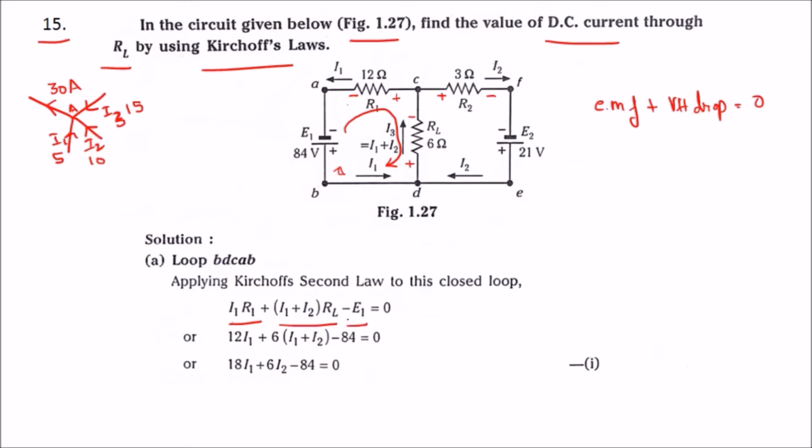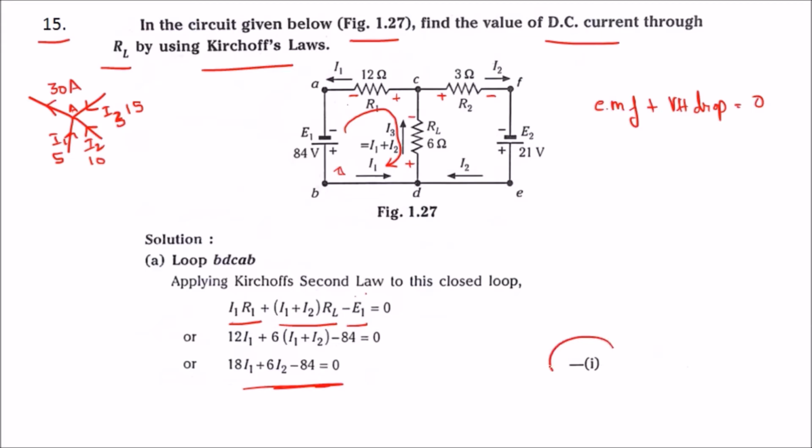This states that the algebraic sum of all the EMF plus the voltage drop is equal to 0. So substituting, we know that R1 is 12, RL is 6 and E1 is 84. So we will get this equation, and we will take it as 1.